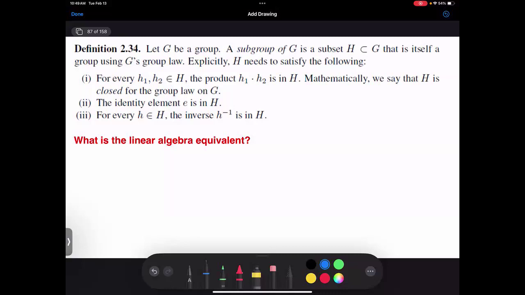One of those properties is not being listed here. Which one is not being listed? Associativity. Why am I not listing associativity? It's inherited.